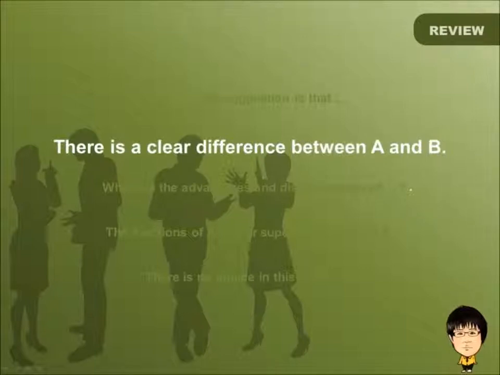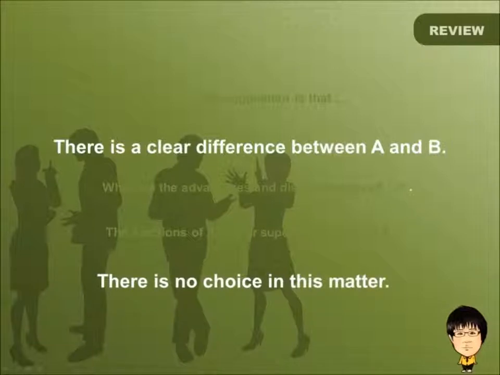And next. 자, 이 문제에는 선택의 여지가 없습니다. There is no choice in this matter. 자, A의 기능들은 B의 기능들에 비해서 훨씬 우월합니다.